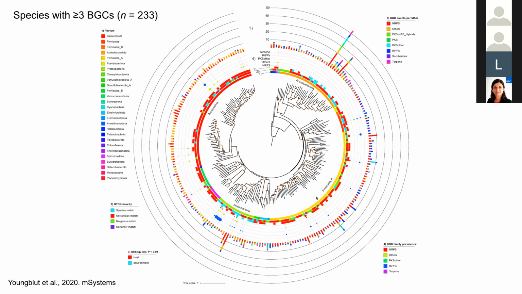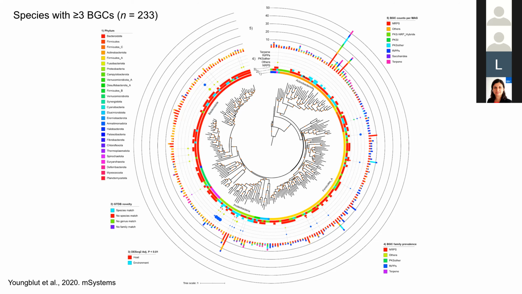The first ring is taxonomic association in terms of phylum level taxonomy. And the main clades here are Actinobacteria, Firmicutes A, Proteobacteria, and Bacteroidota. But we did have a whole lot of taxonomic diversity shown here in the legend.